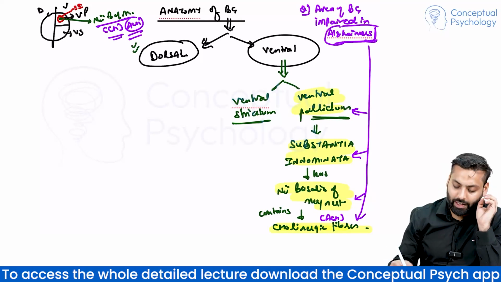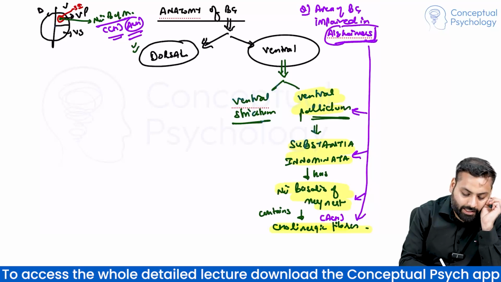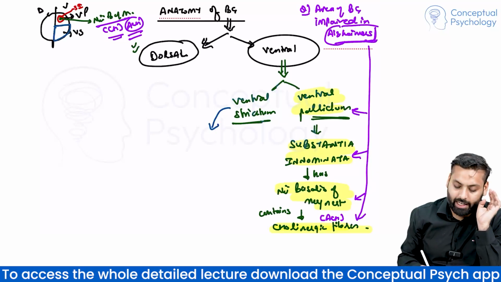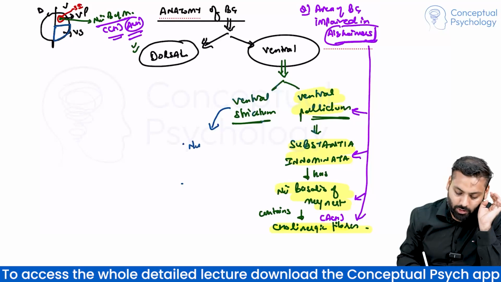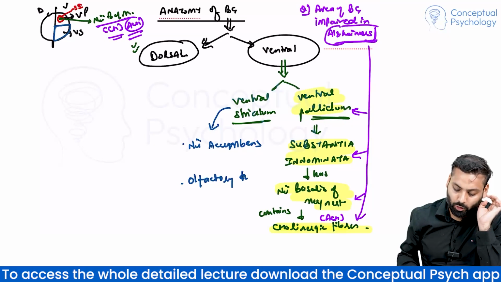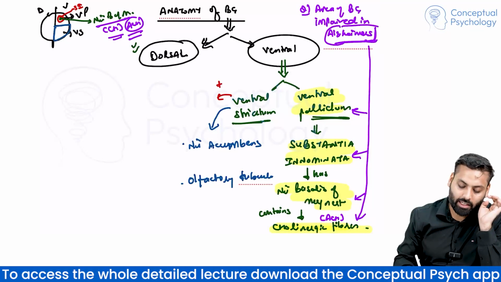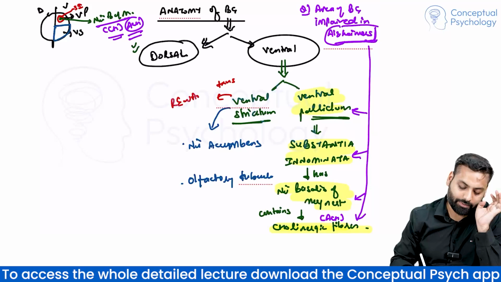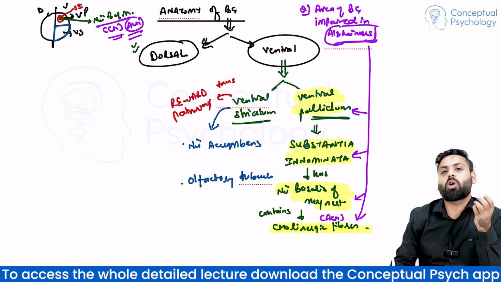So now moving to the ventral striatum. Now we are discussing this area, the ventral striatum. The ventral striatum has two main parts. One is the nucleus accumbens and the other is the olfactory areas, the olfactory tubercle you can say. Both these parts are related to the reward pathway, basically reward cognitions.